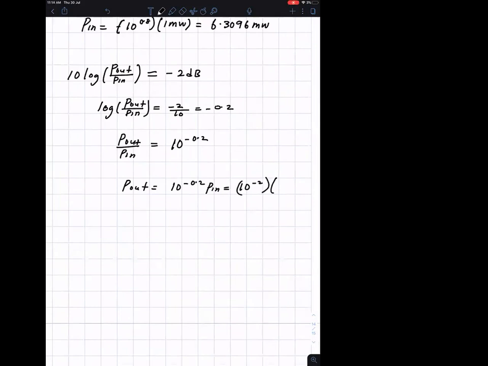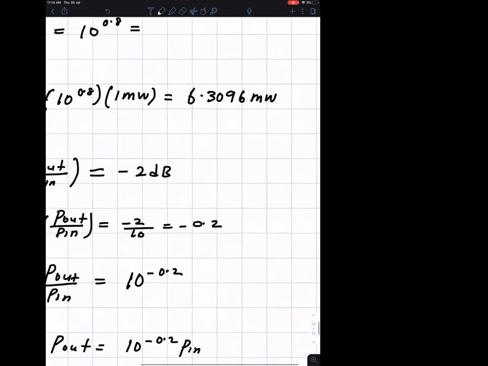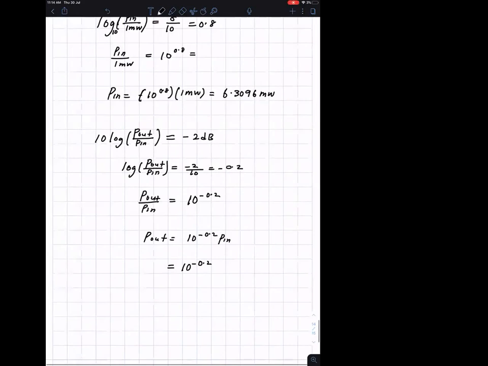What was P in that we calculated earlier? Remember? This one, 6.3096 milliwatts.